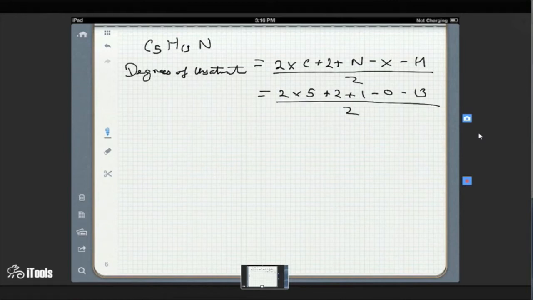That gives 0 degrees of unsaturation. Oh, I see.